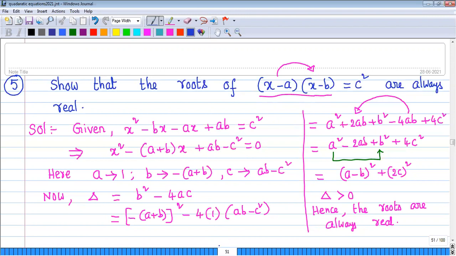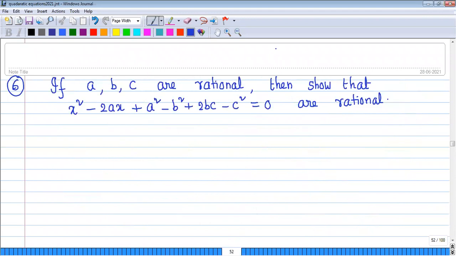Okay, how will you prove this one? So here A is 1 and B is minus 2a.